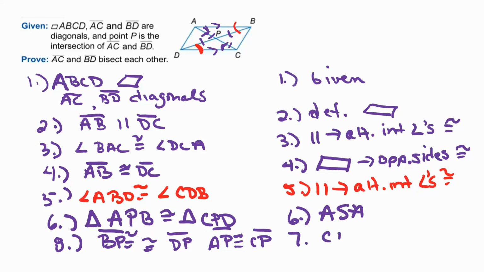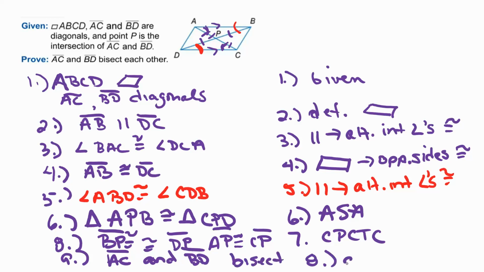And that's by CPCTC. And now by definition of bisect, I can say that AC and BD bisect. And that's by definition. And that concludes our lesson for 6.2.